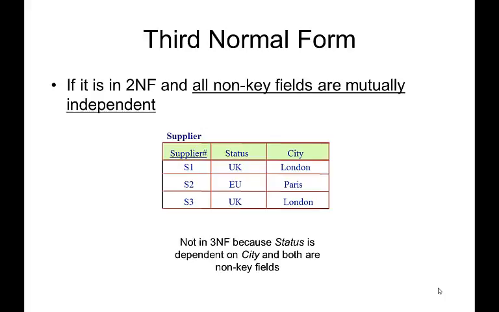This table is not in third normal form because status, the economic zone, is dependent on city, and both are non-key fields. So London is always within the UK economic zone. Paris is always within the EU economic zone. So therefore, these are not independent of each other.